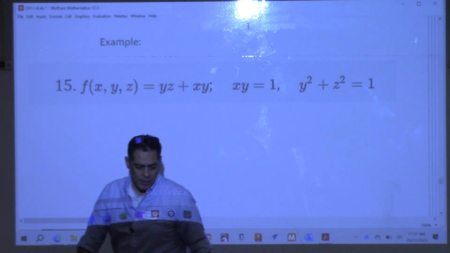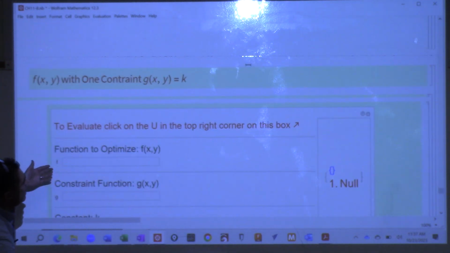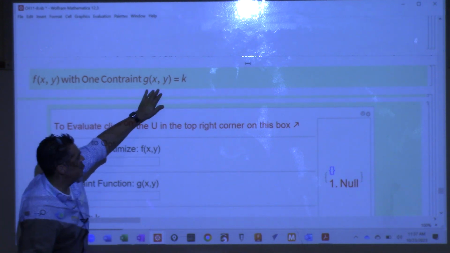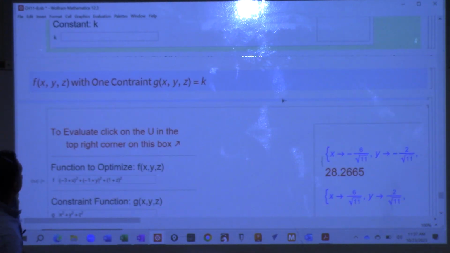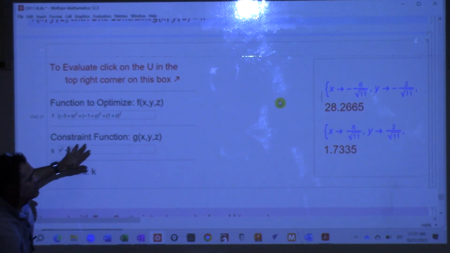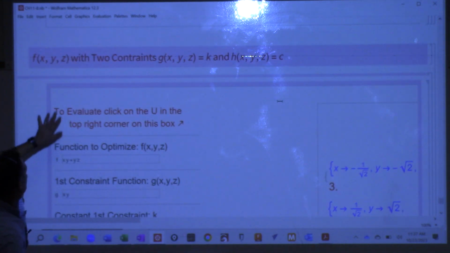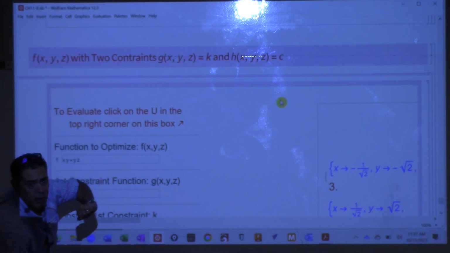So I went ahead and I created these calculators at the end of our notes where if you have a function of 2 variables with 1 constraint, you can put the things in here, it'll calculate it. If you have a function of 3 variables with 1 constraint, you can put your stuff in here, it'll calculate it. If you have a function of 3 variables with 2 constraints, that's the problem we're doing right now.